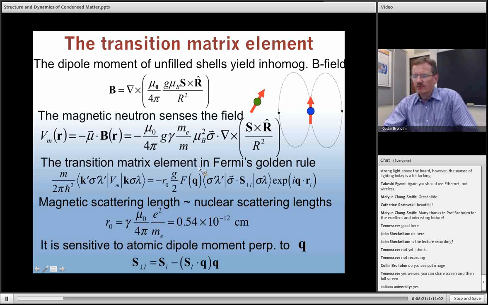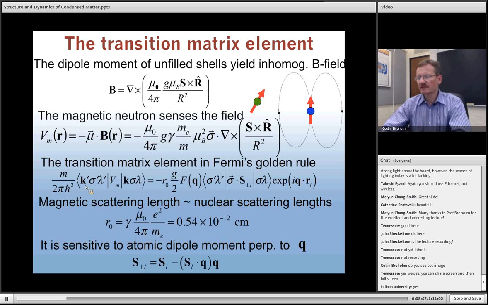So now I put into that this particular form of the interaction potential. Then a step occurs which I'm not specifically doing here, which is that I'm calculating the matrix element between the plane wave state of the incident neutron and the scattered neutron. So this becomes a real space integration involving a plane wave, and this plane wave has an argument which is momentum transfer q dot r.